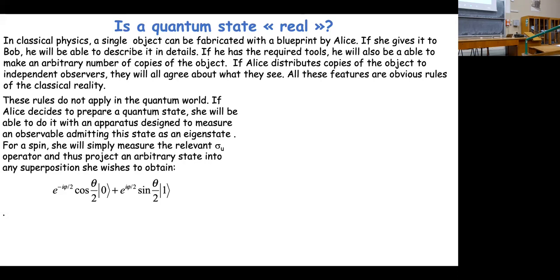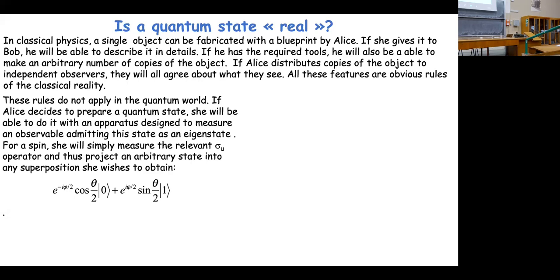Now, when she has prepared that, she gives it to Bob and she asks Bob, tell me what state you have. And the problem is that Bob will be absolutely unable to do that. Because when Bob is given this linear superposition, what can he do? If he does not know anything, he can decide to measure one component. He will find plus or minus along this direction. So the only thing he would be sure of is that the spin could not have been orthogonal to the direction in which he measured.